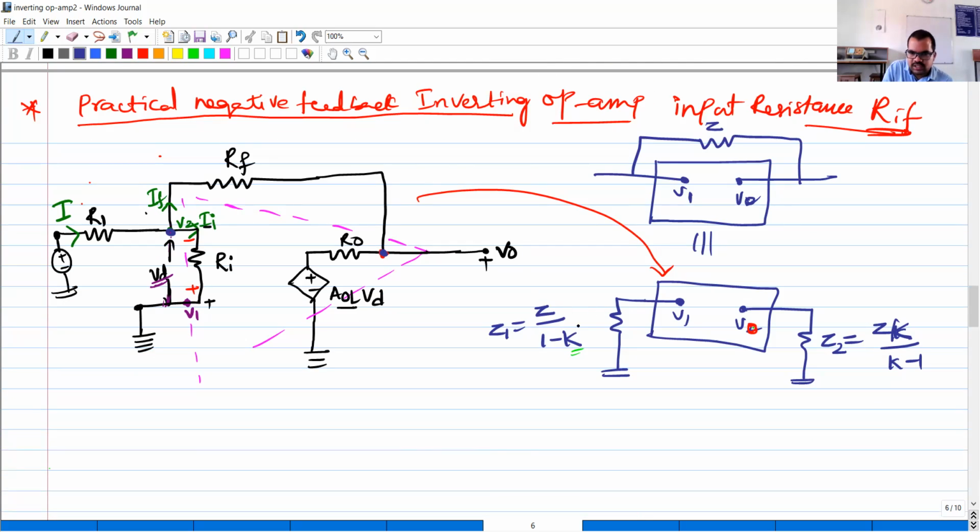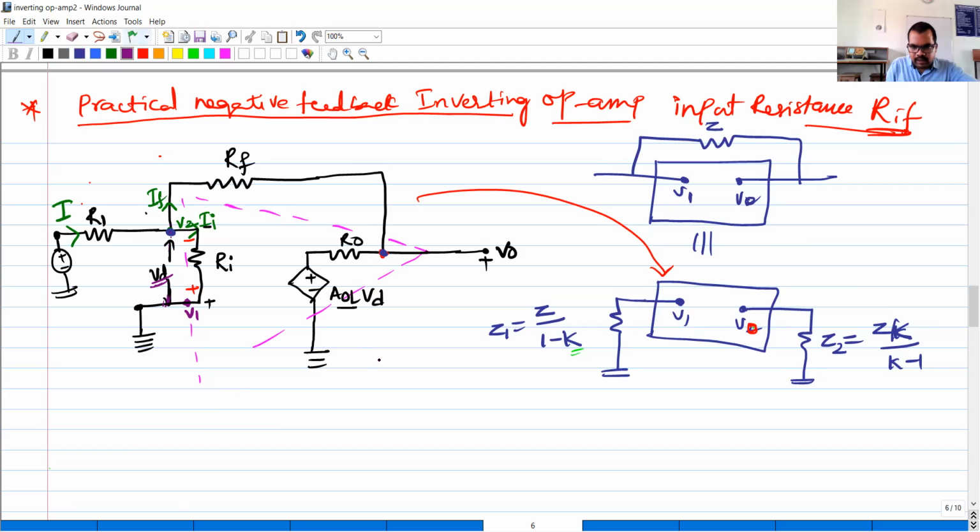So this Z1 we got Z by 1 minus K, Z2 that is ZK by K minus 1, we have already done. Now this entire circuit I want to replace like this one. After replacing, here I want to write what the Z1 and Z2 values are.